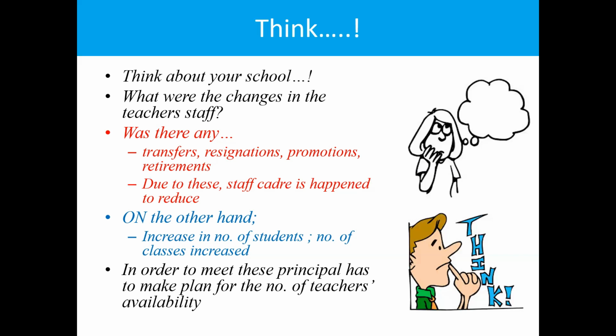Maybe sometimes, due to the current situation, 10 teachers resign from their posts and have already decided to migrate, for example. So in that case, how does the school function? The principal is responsible for that. How does he run the school, right? So he must have a proper plan in order to have smooth functioning.